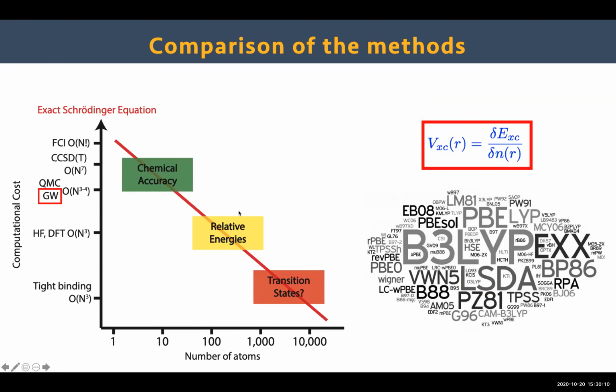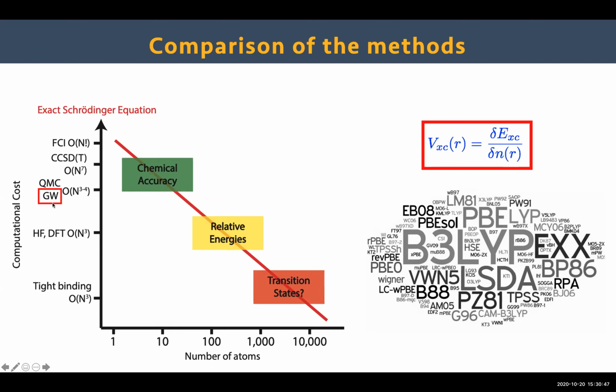There are various methods that you can use to perform electronic structure calculations, but all of them come with different accuracies, speeds and scalings. The exact Schrödinger equation is an NP-hard problem, but the DFT method that has been used in the field routinely can simulate systems that are hundreds of atoms.